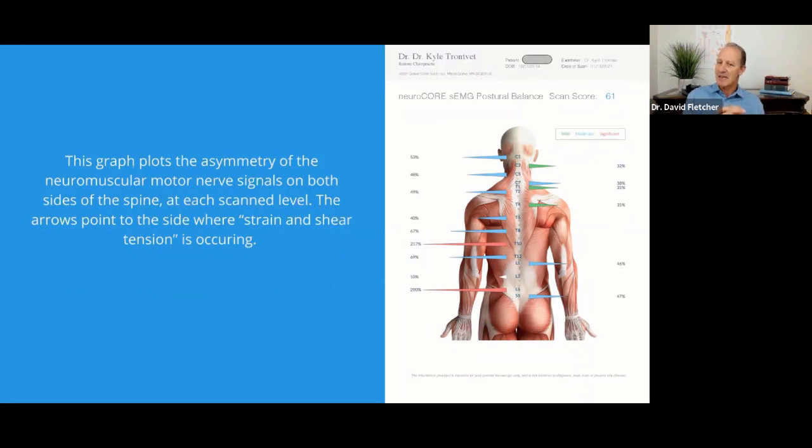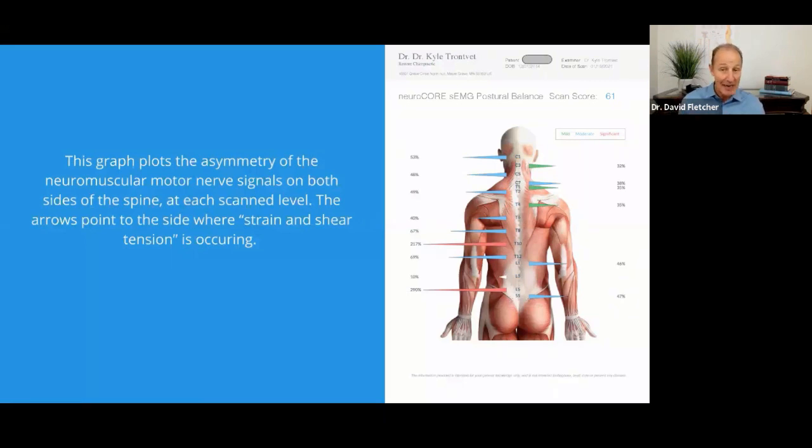But what you can see is that, again, using mild, moderate, or significant, we start to see that there are significant rotatory shear forces applied into the spine. Remember, if the person is bilaterally, symmetrically hypertonic, it's neutral, but it's expending lots of energy. In this particular case, in the upper cervical region, you can see that there's a 53% greater shear force or distortional torque being applied at C1 when comparing its right side and left side.